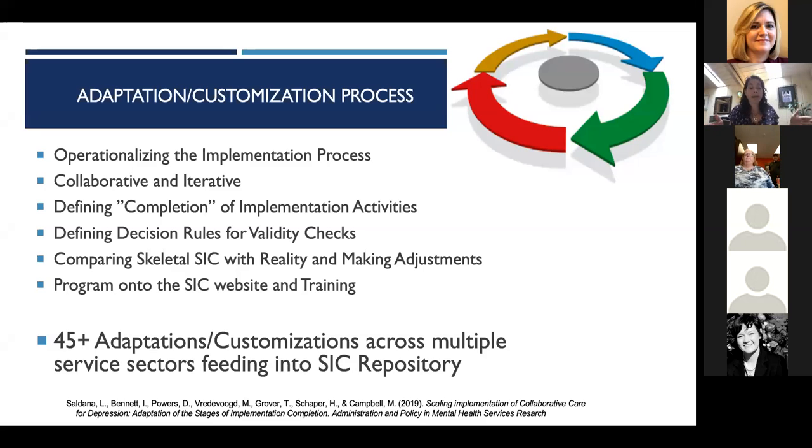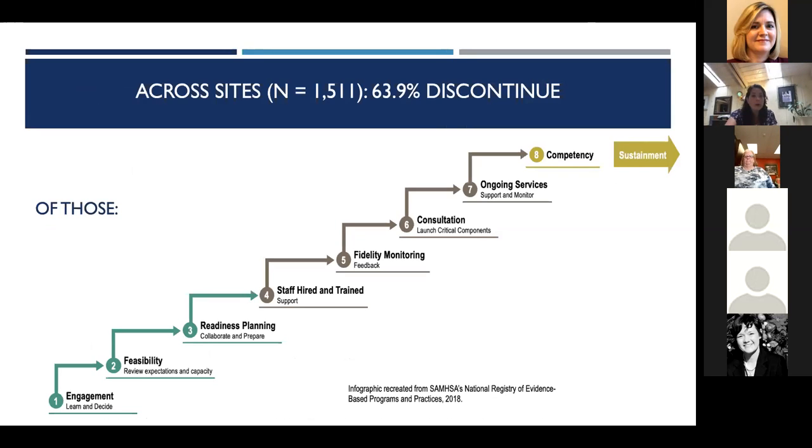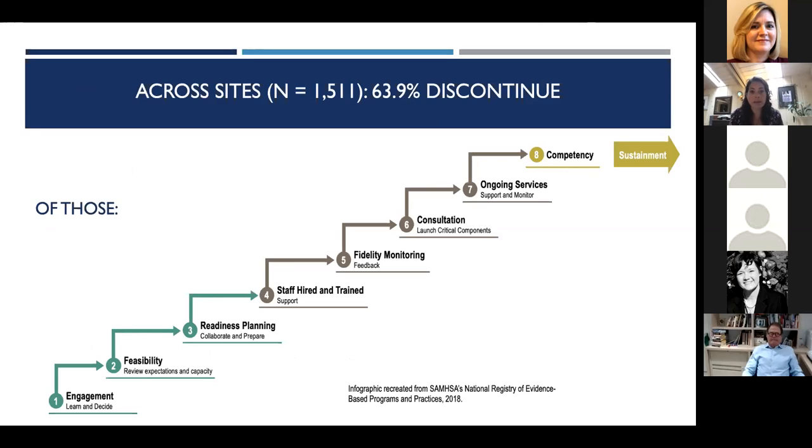Because the individually tailored SIGs also have those universal common items, we are able to conduct analyses on those 46 universal activities that occur across the different 8 stages. Currently we are tracking over 1,800 sites. I'm going to show you just some outcomes of sites where we know what the end status is.